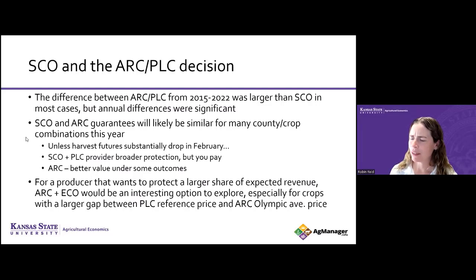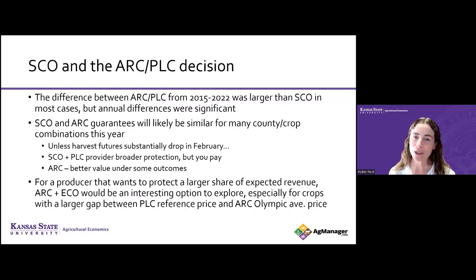One other thing, Luke had a good point in here. Your ARC benchmark yield being lower than your APH yield. Yeah, both of those have different adjustments. And Luke, like you say, there's a lot of different things you can do on your individual APH to try to boost that up a little bit and get your coverage higher. On the ARC County side, those low years, again, they put in 80% of the transitional yield as a plug.